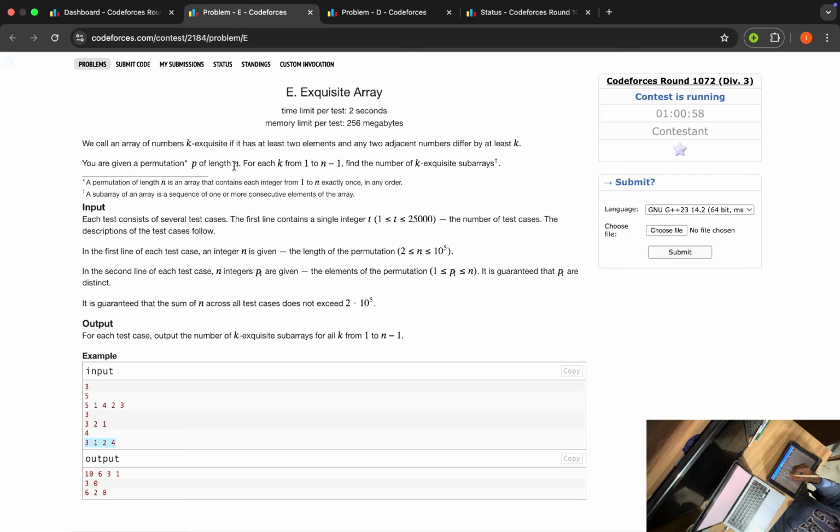Difference is 2, difference is 2, so it will get removed at position 1.